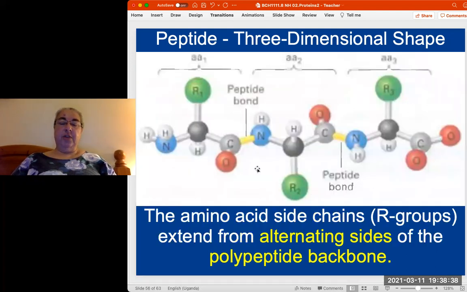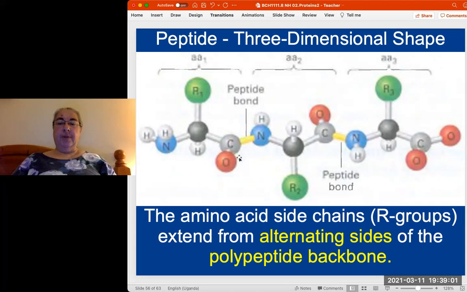Here is another illustration where I think that you can see the alternating R groups quite easily. So R group 1 here upwards, 2 downwards, 3 upwards. And here the polypeptide chain is shown sort of going in and out of the plane of the paper, like a zigzag chain.